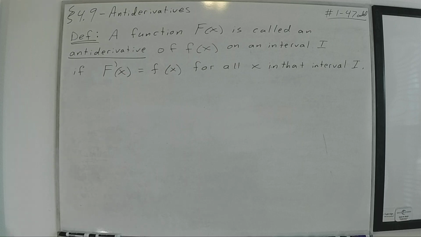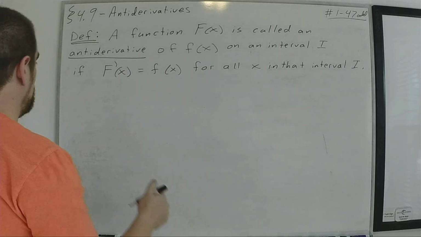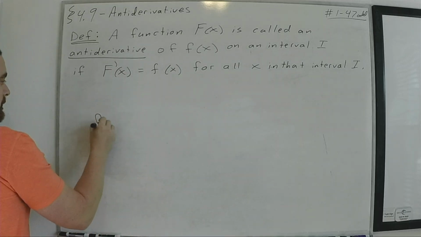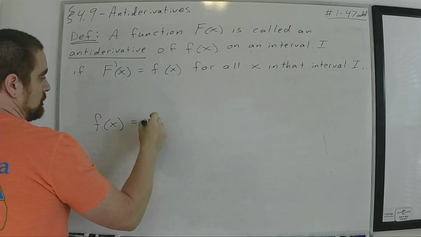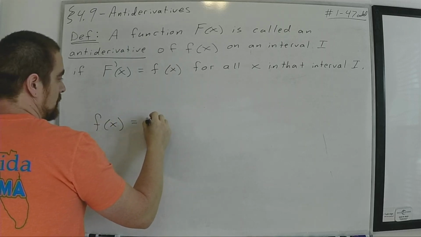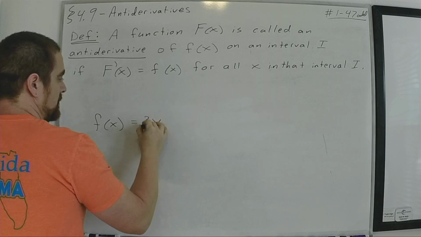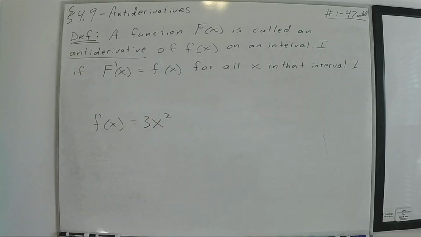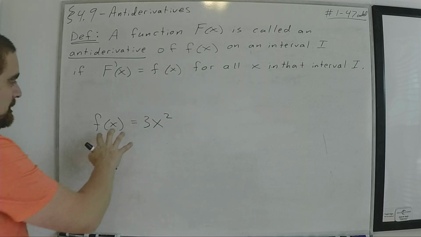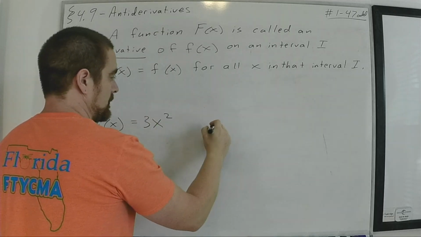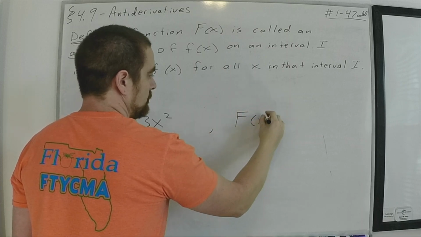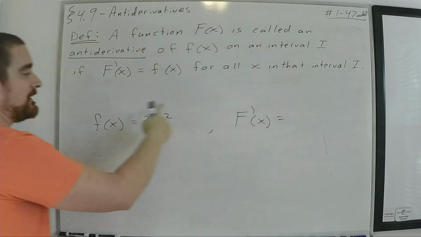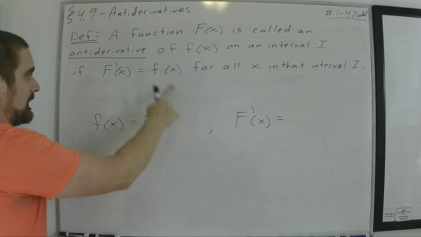All right, so say we have some function out there. We'll say f of x is equal to, let's do 3x squared. That means that somewhere out there must be a function, capital F, such that when I differentiate it, I get f of x.